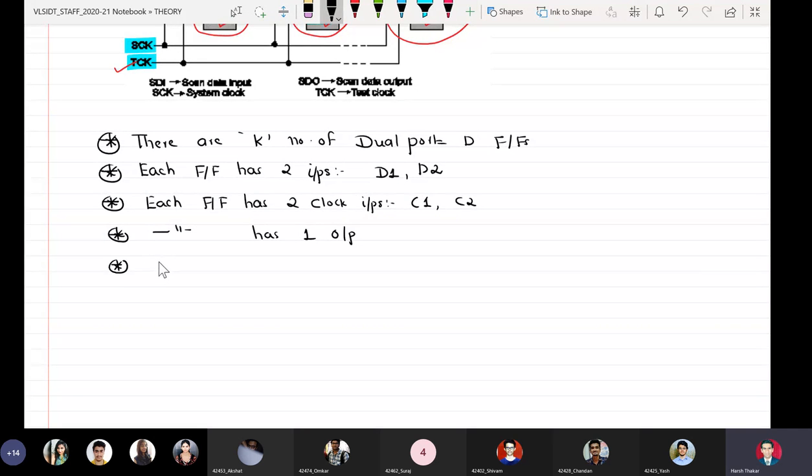Now, when the flip-flop is pulsed at C1, the input at D1 is stored.